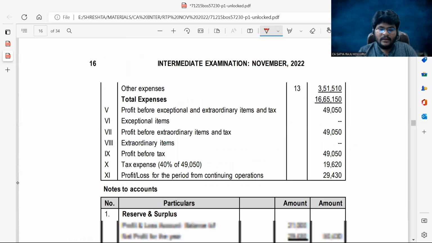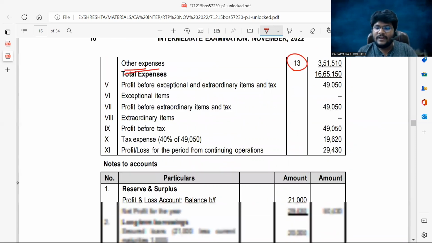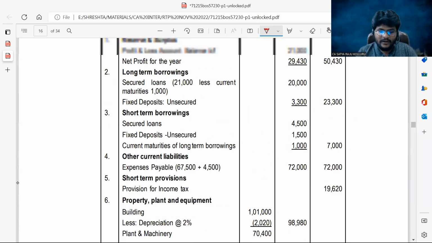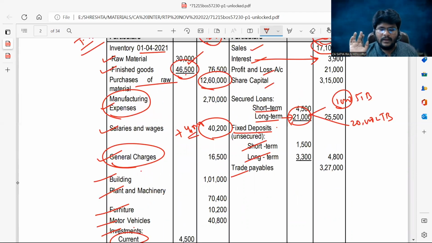Then you will get other expenses, which are note number 13, which includes manufacturing as well as general charges. Please check it. Other expenses: manufacturing, general charges. General charges prepaid are there. That's why reduced. Manufacturing expenses, certain expenses are outstanding. That's why they added. Those are the common adjustments. I don't want to provide any detailed discussion here. Hope you know. This is all about the statement of P&L.